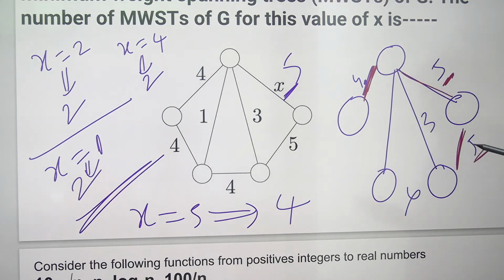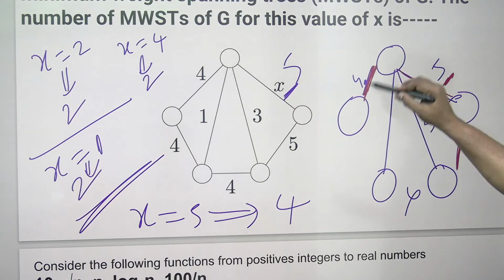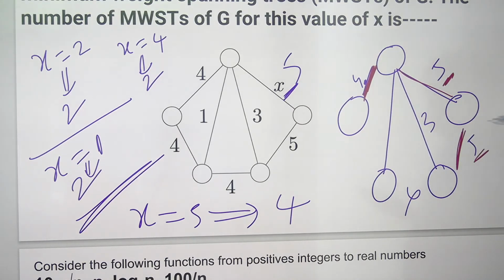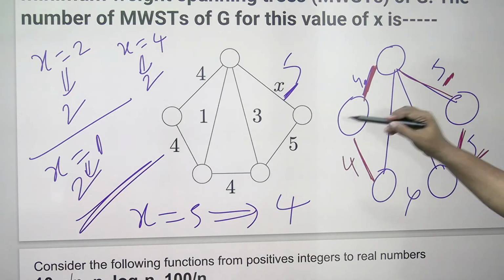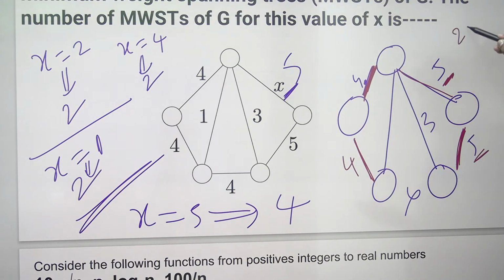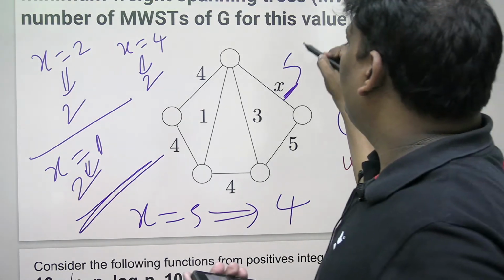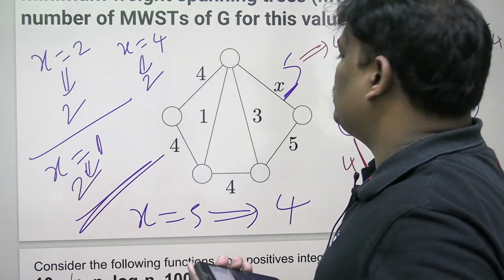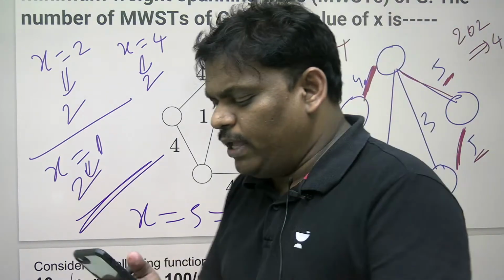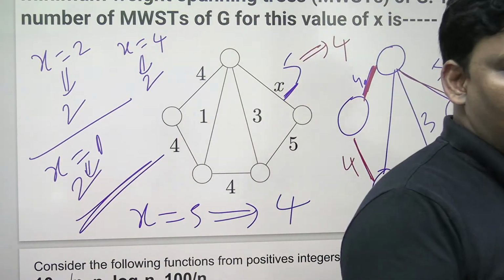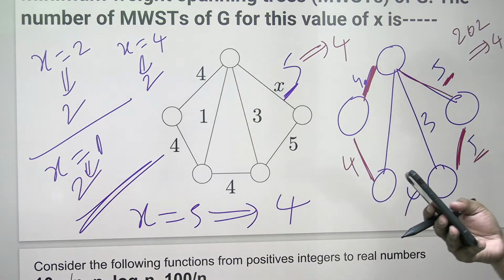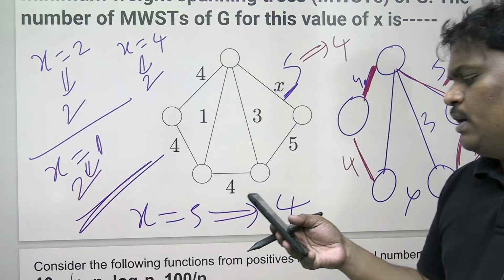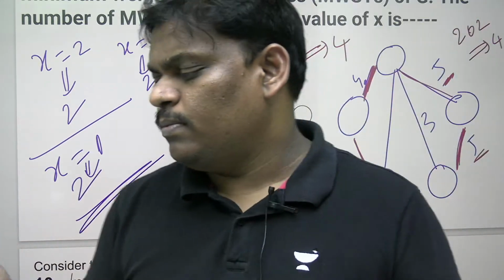So two choices here, and in the similar way two choices here also. 2 into 2, totally 4 choices. Remember, x value 5, 4 choices. It is a really nice problem. Very few people can do that.